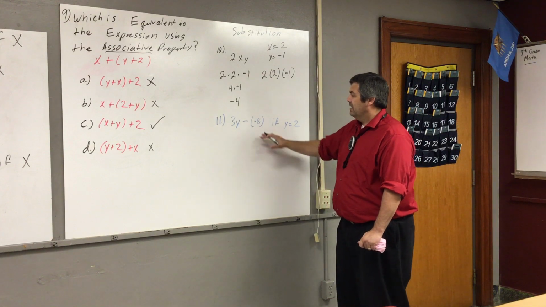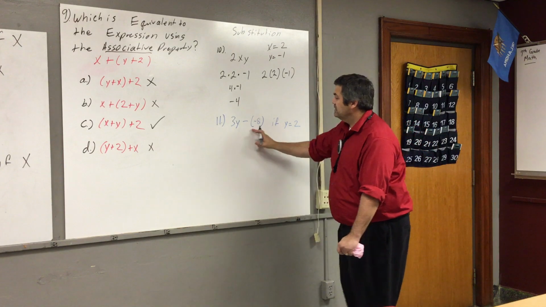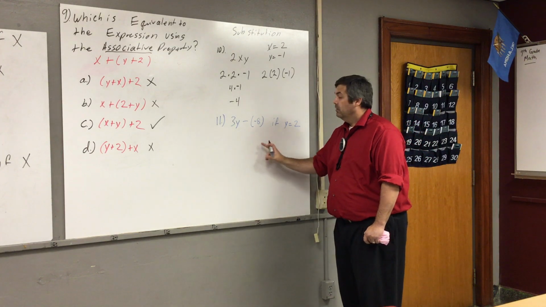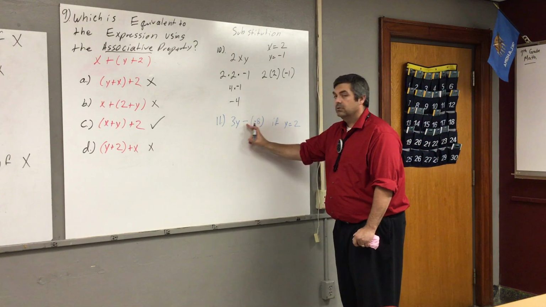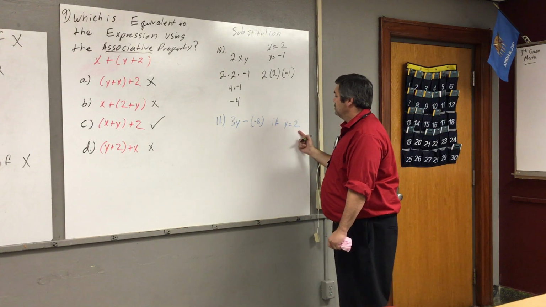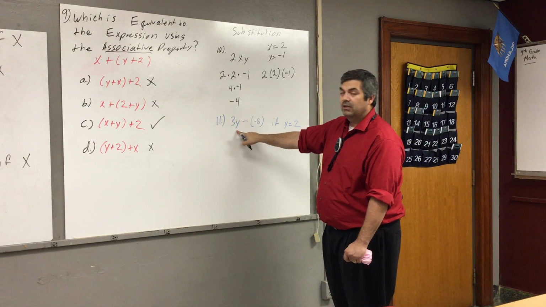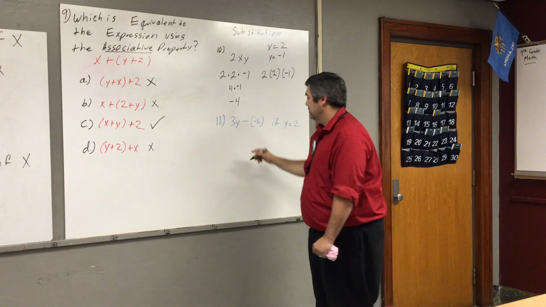All right, number 11. 3y minus (-8) if y equals 2. Okay? The only reason that they put the parentheses here was to separate these out so that you would see them. Okay? So pay attention. All right, we're gonna take the 2, substitute it in for the y, but remember, a number directly against a variable, multiplication.